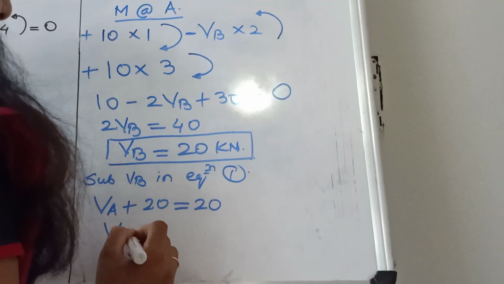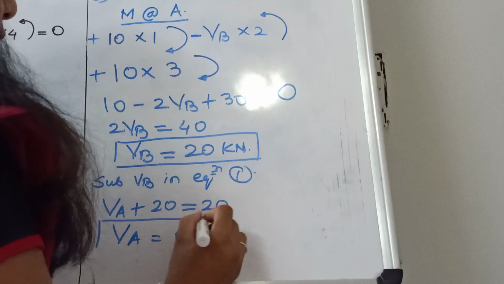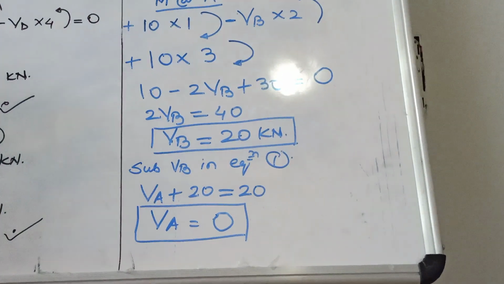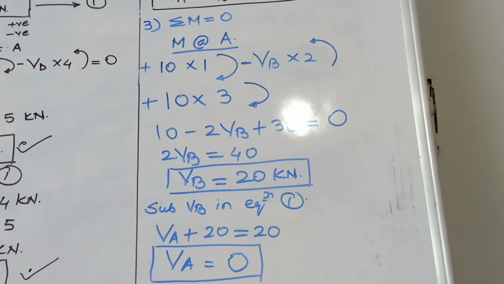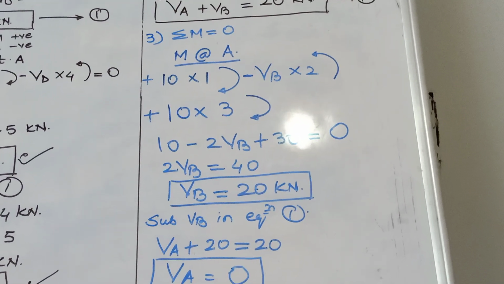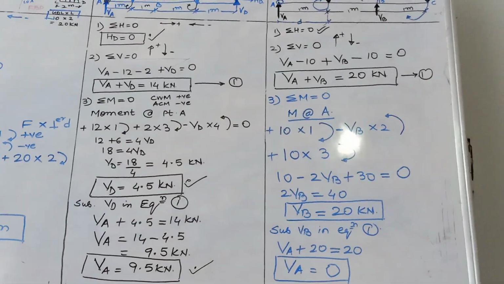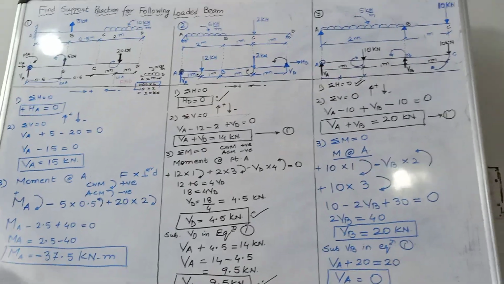So VA is equal to 0. Now sometimes students get horrified that 0 can be the answer. Yes, we can have 0. So you have to just keep on following the steps and you can get all the answers correct.